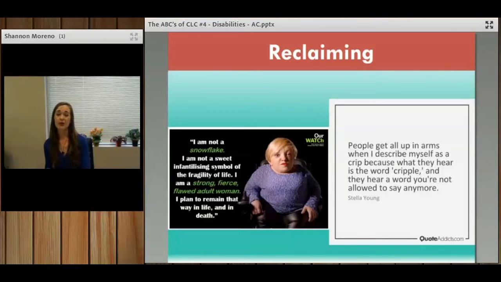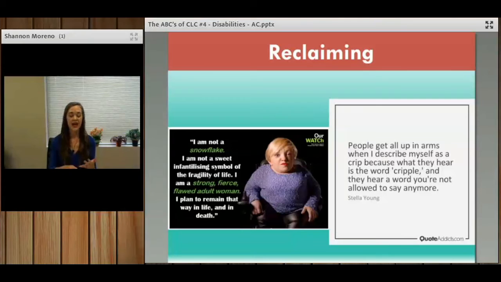Now, again, there's a difference between reclaiming, taking something back, owning it in a manner that is really empowering, and talking about oneself in a negative or self-deprecating way. Those are two very distinct things.